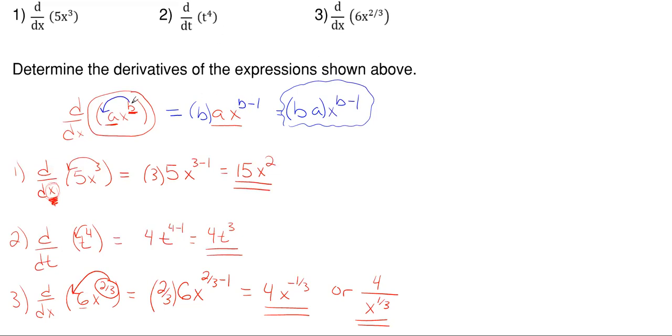You're going to take your original power and drop it in front of your constant, and then take your new power as 1 minus the old. So this is how you solve for polynomial derivatives with easy expressions of a constant times a variable to some power. I hope this was helpful, and if you want to see more problems solved in this variety, we are making more videos and extending this out to make it a little bit more difficult.